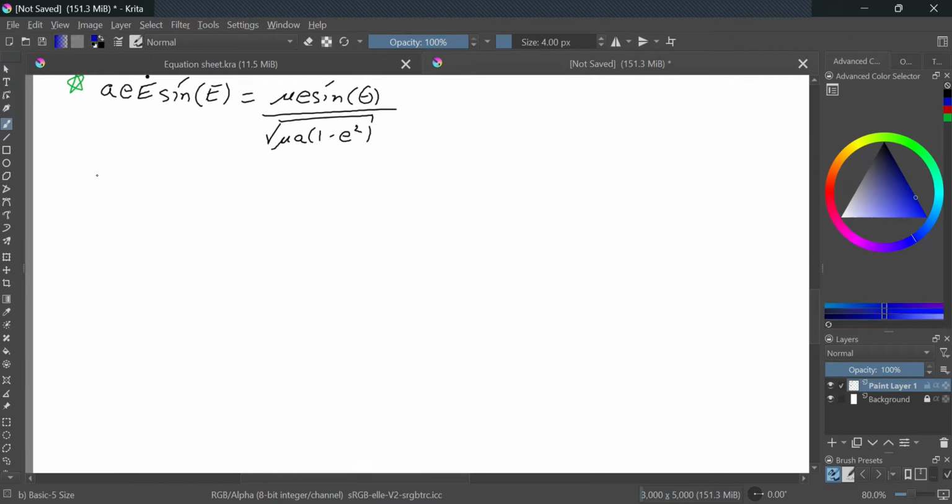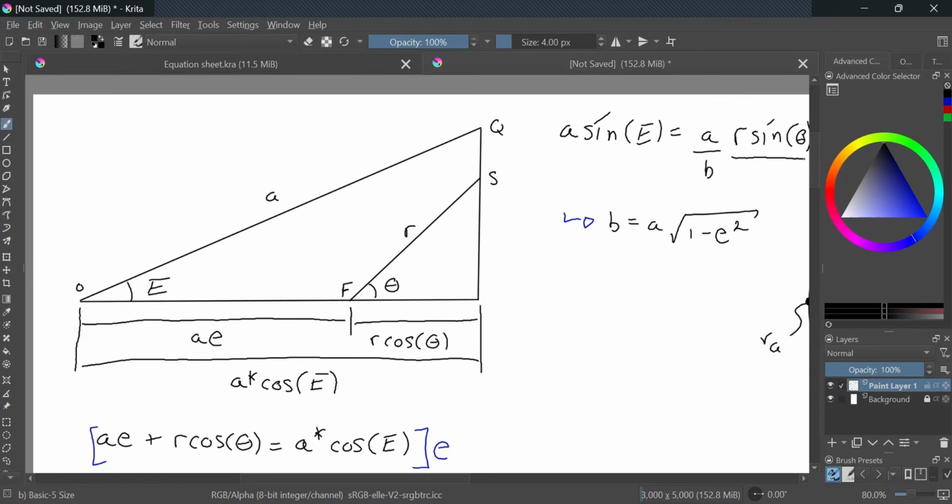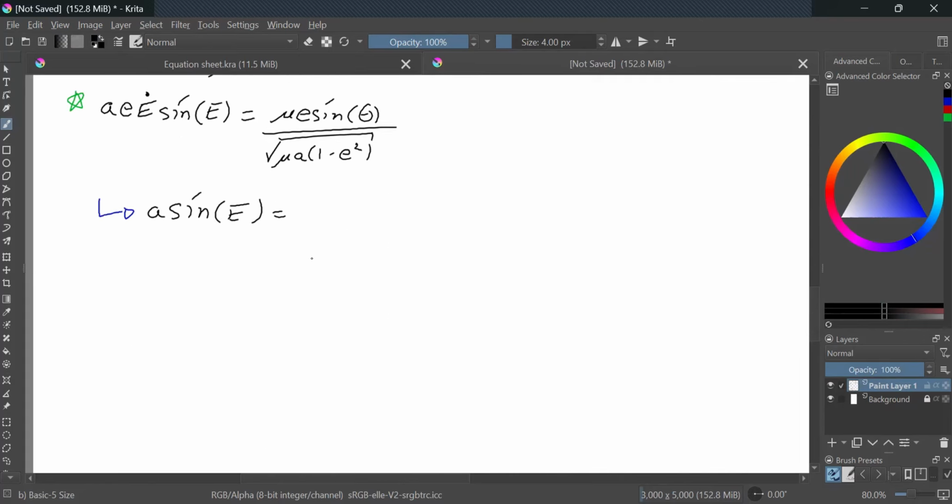So that will be the sine of the eccentric anomaly angle being equal to the radius, as I had it written up here, the radius times the sine of theta, divided by the square root of 1 minus the eccentricity squared.